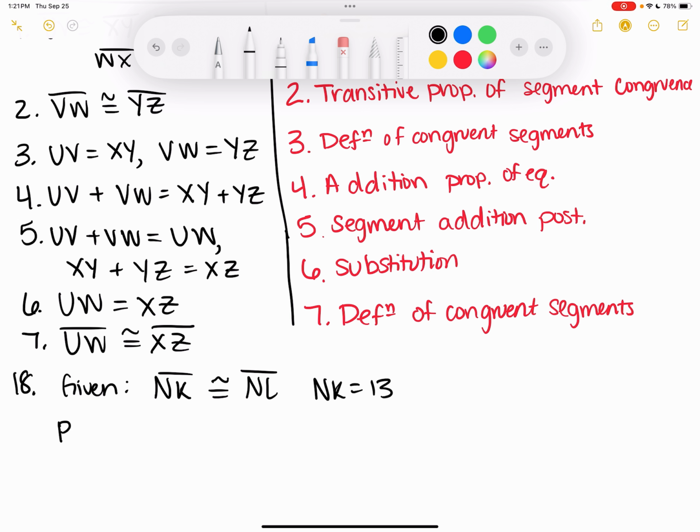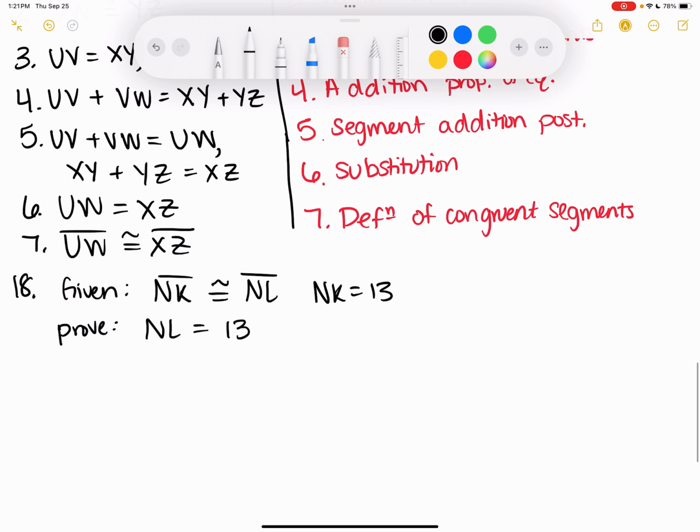They want us to prove that NL is equal to 13. There is a picture that goes with this. It's basically a rectangle with crossbars in it, but it's not really important for this. So we're going to write a proof to get from the given to what we're trying to prove.